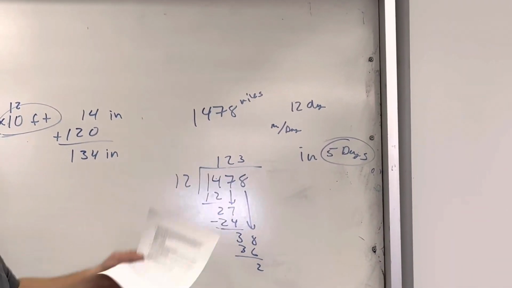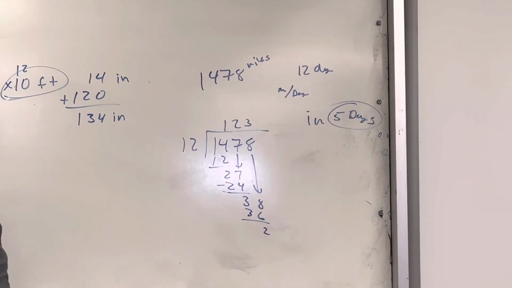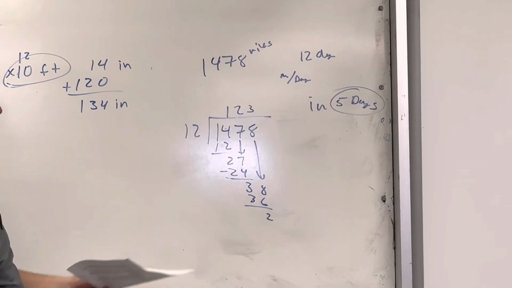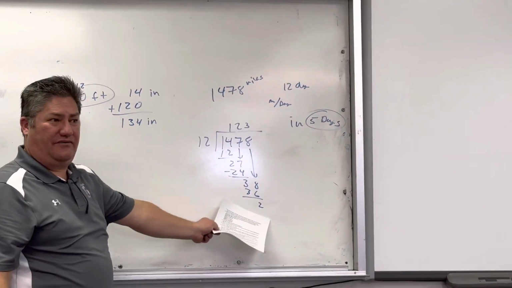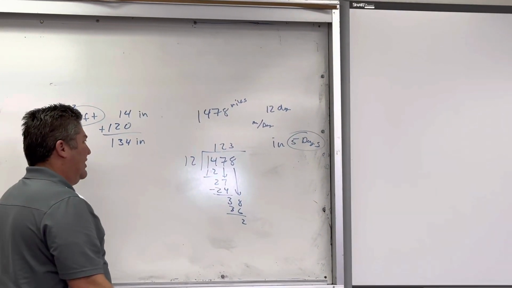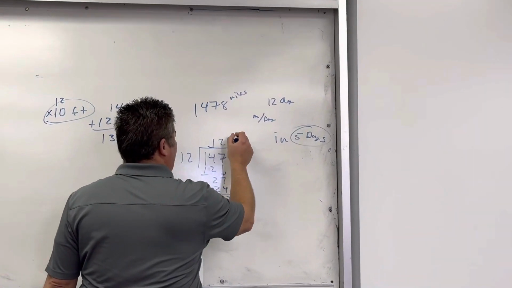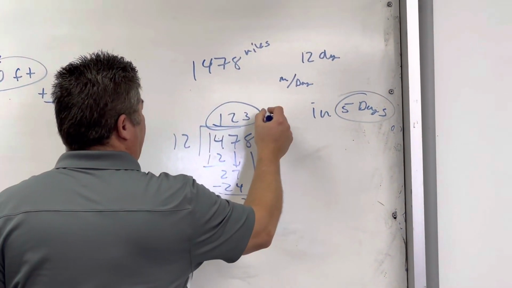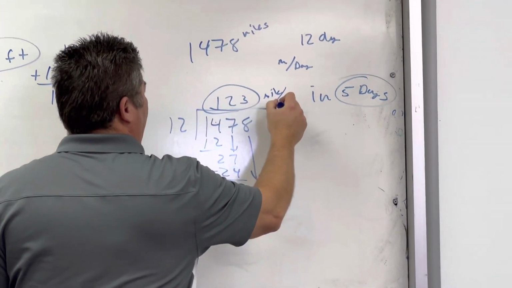I could keep going if I wanted decimals, but this probably won't want decimals. It'll just say round it. And I can see that that's still going to stay under 5 as I round it. So I'm like, okay, we're good. This is how many miles per day.